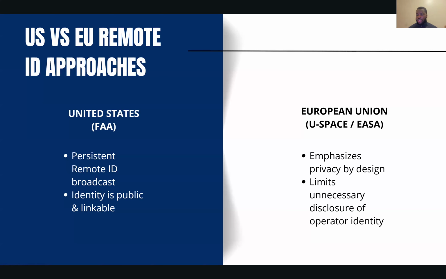It limits unnecessary identity disclosure and tries to reduce what information is exposed during flights. The difference here highlights a major privacy gap that the current system here in America still has. This leads directly to the core issue we are addressing, which is identity linkability problems, on the next slide.